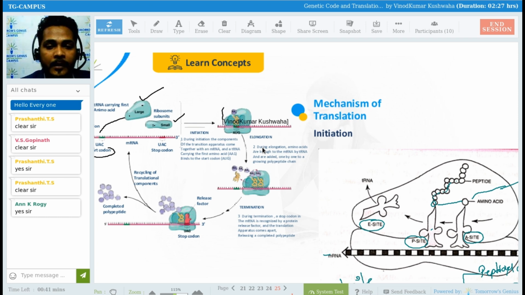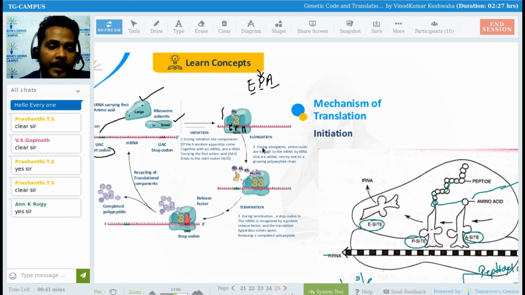So you can see it is bound. Now here you can see this is the E site, this is the P site, and this is the A site. Okay, this is the sequence E, P, A. The tRNA binds with the P site. Why does it bind with the P site?